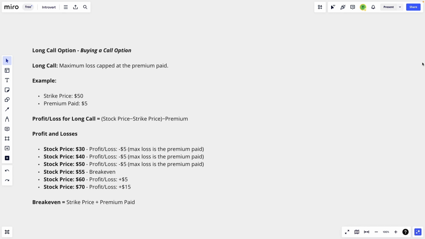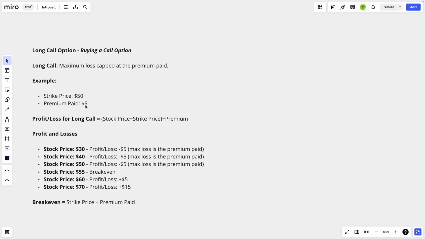So for this example, we're going to pretend we have a strike price of $50. And the premium that we paid is $5. So again, for options, there is an option multiplier. It's usually 100. So this will give us the right to buy 100 shares at $50. So the premium paid is $5 per share.